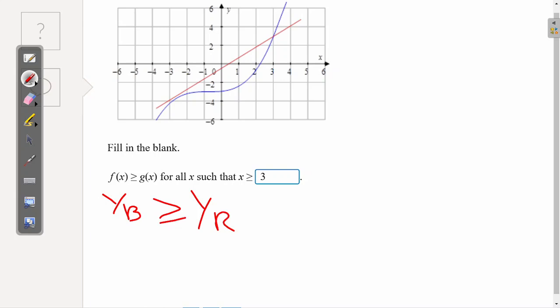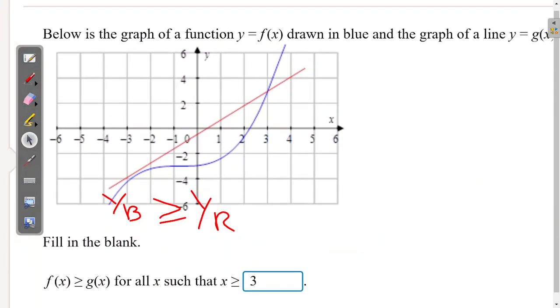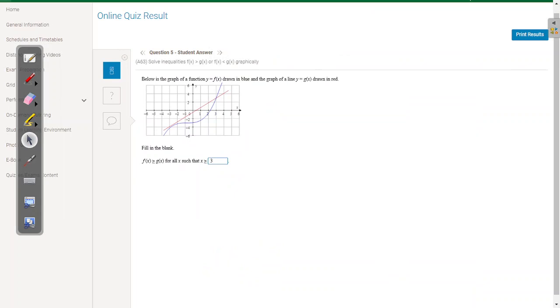So you look where the blue graph is higher than the red one. It's higher here, this part, right? It starts at x greater than 3. So that's the answer.